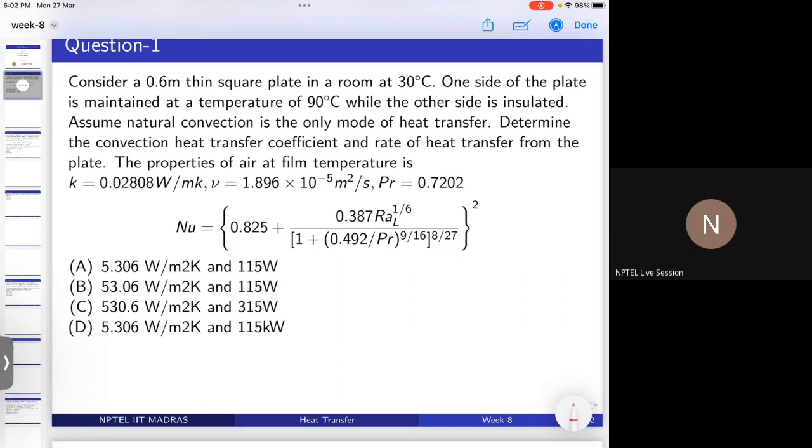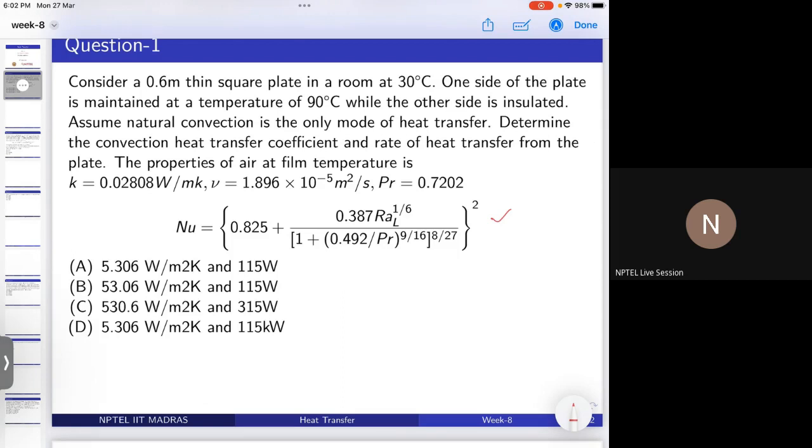Assume natural convection is the only mode of heat transfer. Determine the convection heat transfer coefficient and the rate of heat transfer from the plate. The properties of air at film temperature are given, and the Nusselt number correlation for this situation is also given. So we are asked to find the heat transfer coefficient and rate of heat transfer from the plate.